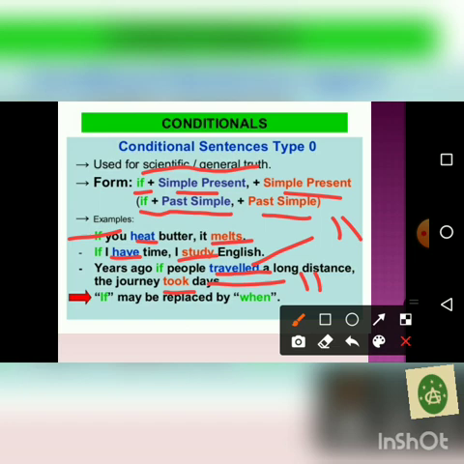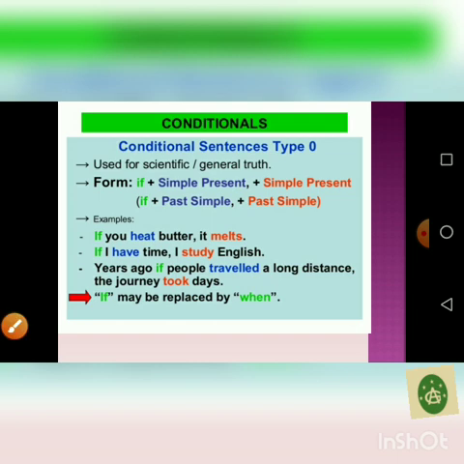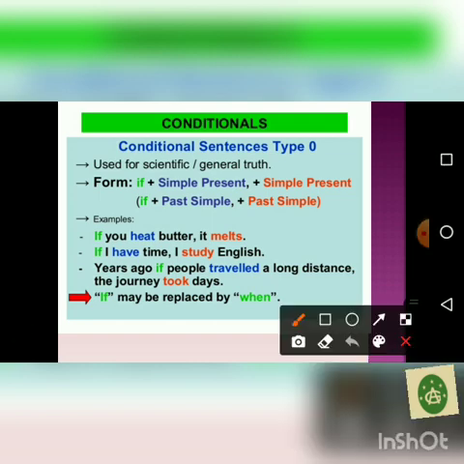It may happen that if you do not want to use if, then you can use the word when. Okay? I will repeat some of the points here. When we are talking about scientific or general truth, this type is used to say such kind of sentences.